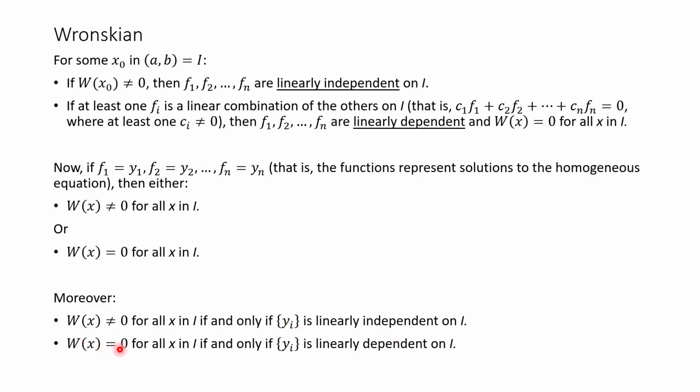And if the Wronskian is 0, then our solution set is actually linearly dependent, the set containing the y's. Okay, so a lot to take in here, but basically what you want to pay attention to is what happens when the Wronskian doesn't equal 0 and what happens when it does equal 0, and how that affects linear independence and dependence.